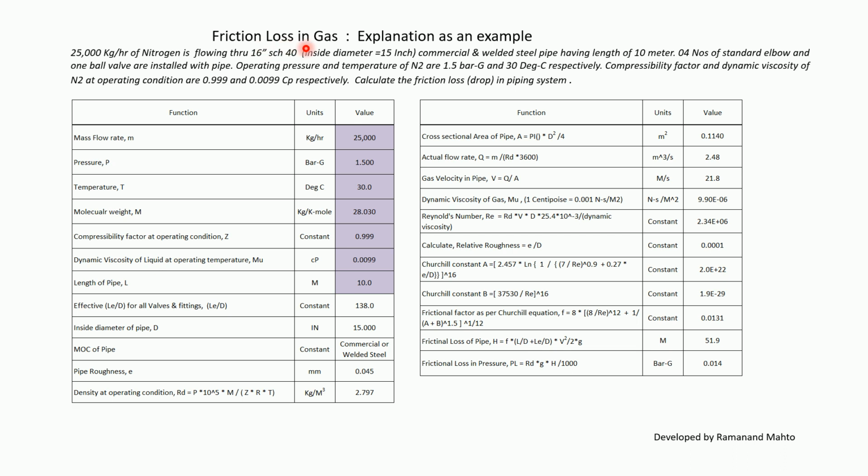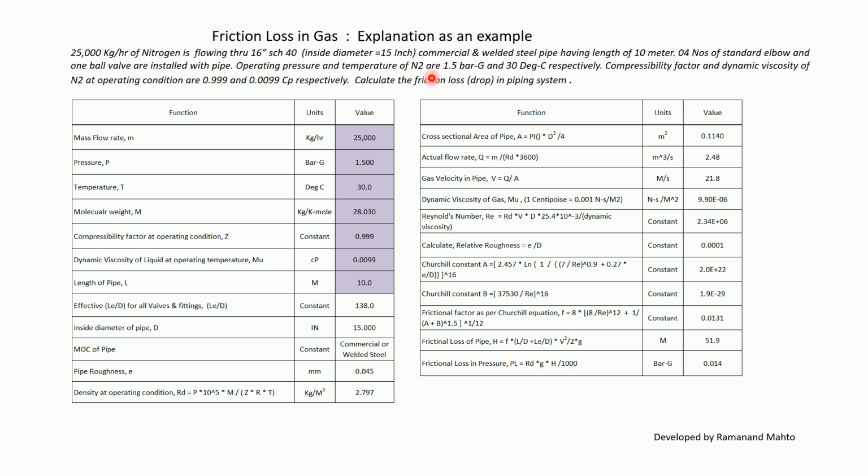Now friction loss in gas, let us understand with an example. 25,000 kg per hour of nitrogen flowing through 16 inch schedule 40, inside pipe diameter 15 inch, commercial or welded steel pipe having length of 10 meter. 4 numbers of standard 90 degree, it is again not written, it should be 90 degree elbow, and 1 ball valve are installed with the pipe.